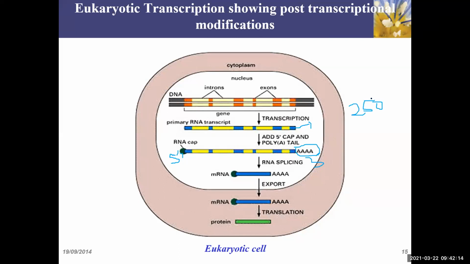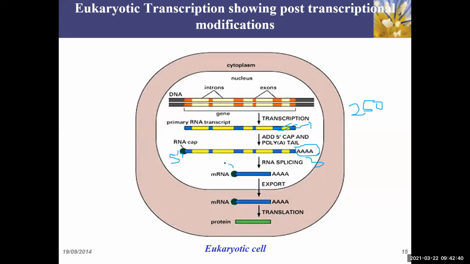Transportation, sending it to the cytoplasm, will become easier. See, if this RNA is not capped, neither do I have a 5', 7-methyl guanosine here, nor a poly A tail here, so this can never be sent to the cytoplasm, never ever. It will be exported only if it has this post-transcriptional modification.